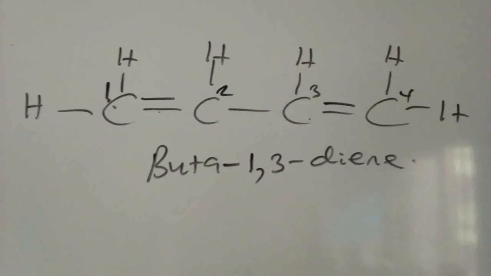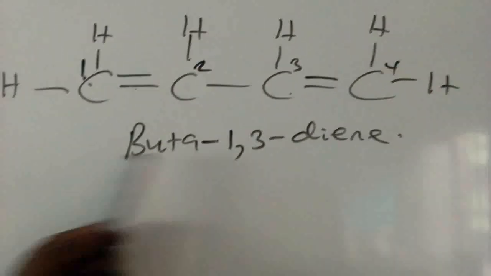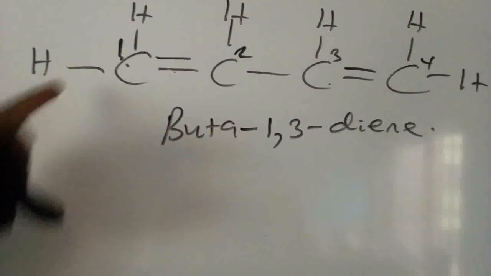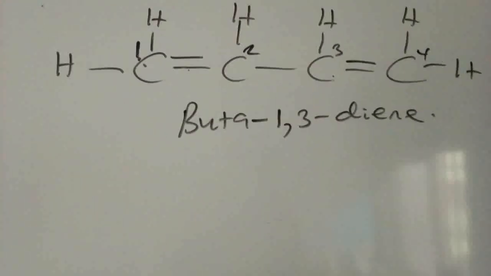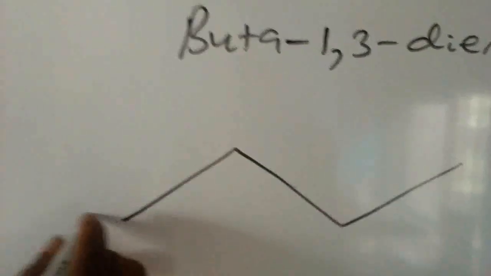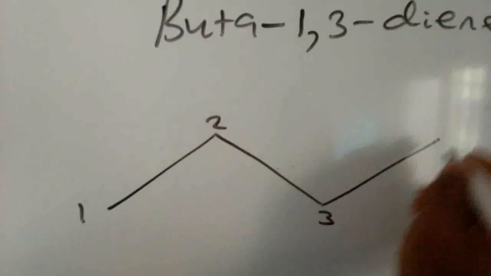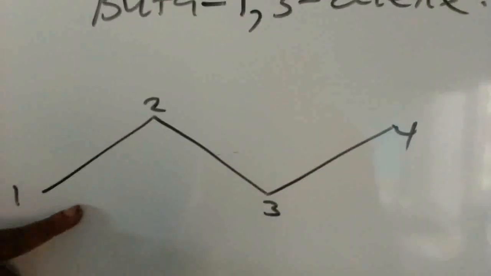Okay, this is not quite that. This is a derivative. The isoprene should be 2-methyl-butadiene anyway. So having done that, to draw the skeletal structure of this diene, you have 4 carbon atoms. So I'm going to draw a line joining 4 carbon atoms, 1, 2, 3, and 4. That is this butane skeleton.